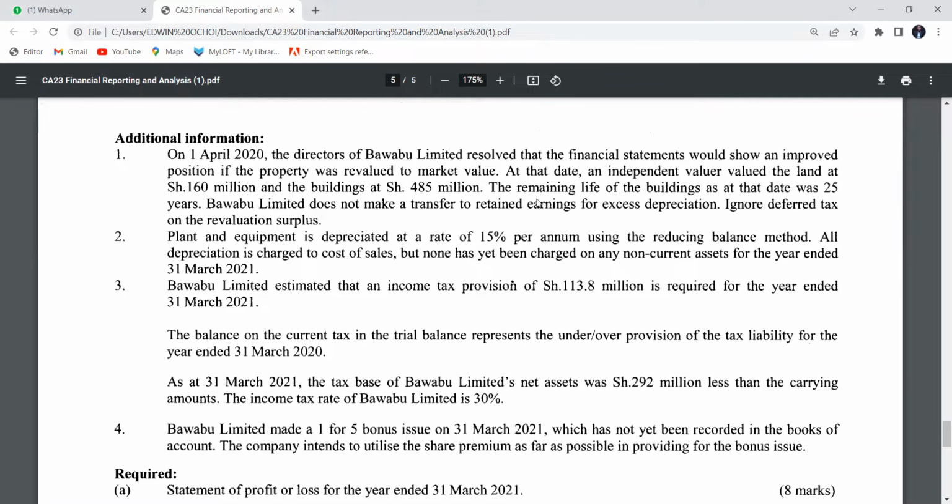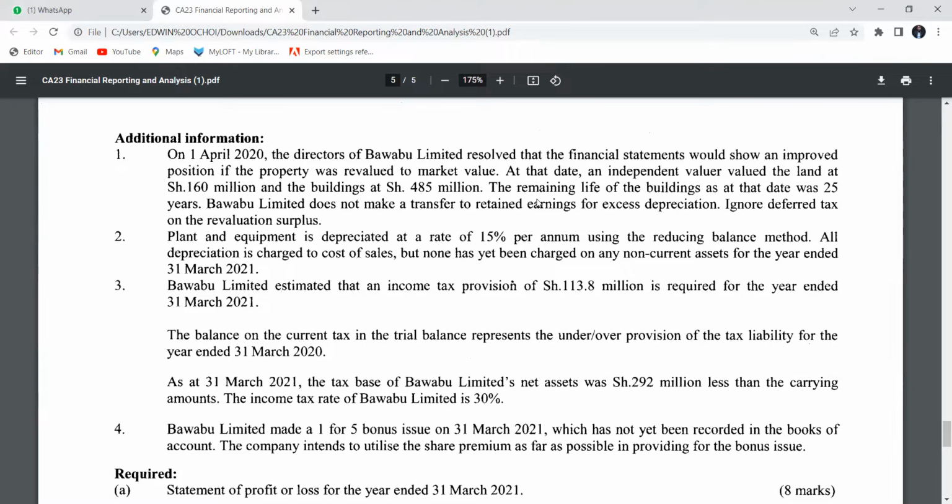That is fine. So, additional information number 1. On 1st April 2020, the directors of BAWAB Limited resolved that the financial statements could show an improved position if the property was revalued to market value.